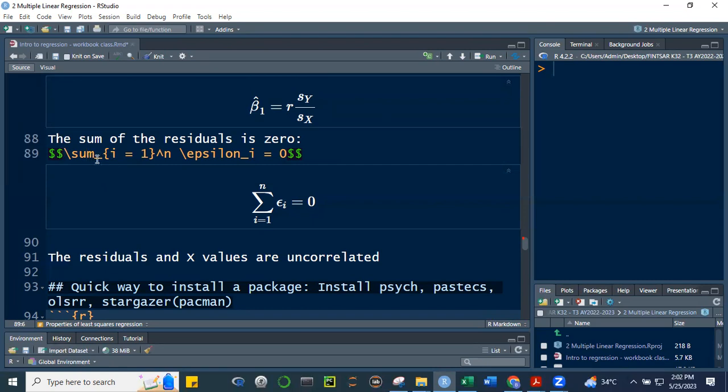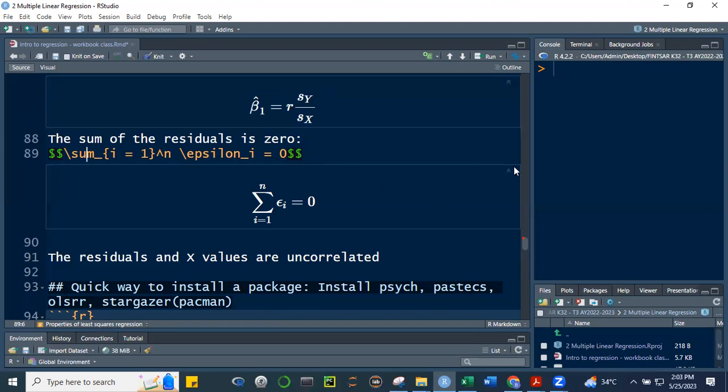Okay, and then underscore. Medyo iba yung ano dito, ano? Underscore ito. Brackets i is equal to 1, yung subscript niya dito. Tapos yung taas niya, caret N. Ito yun. Okay, and then Greek letter slash epsilon underscore i is equal to 0, close.